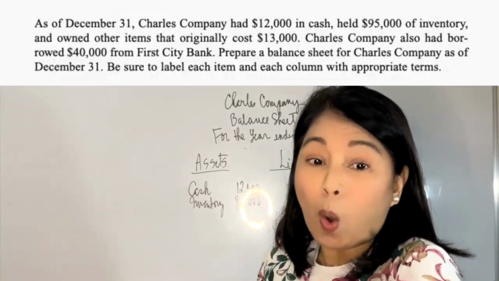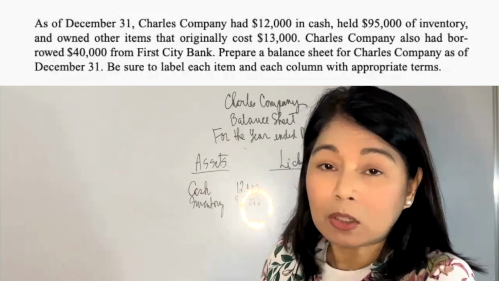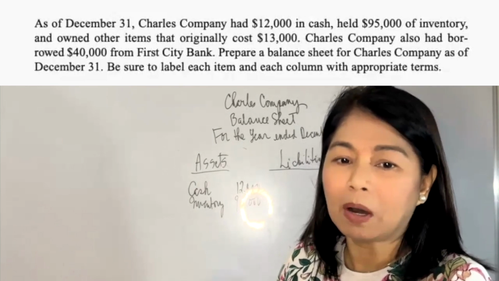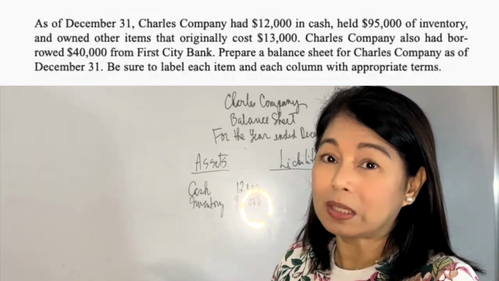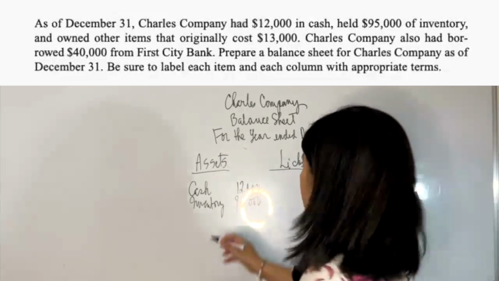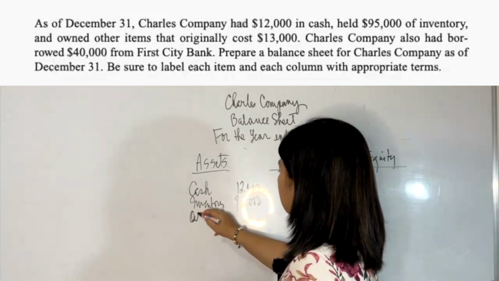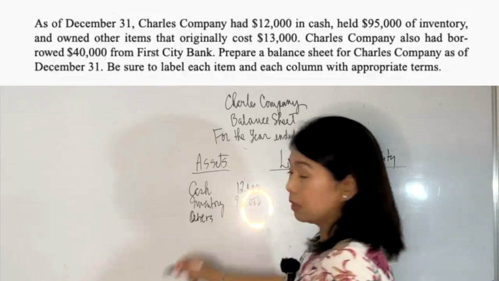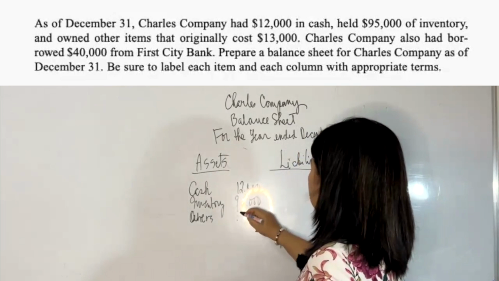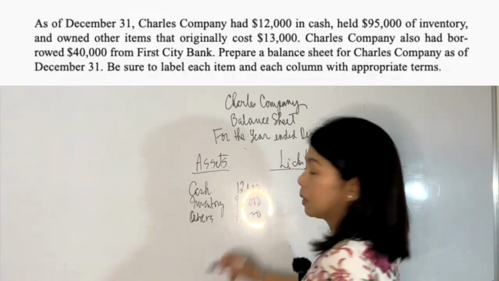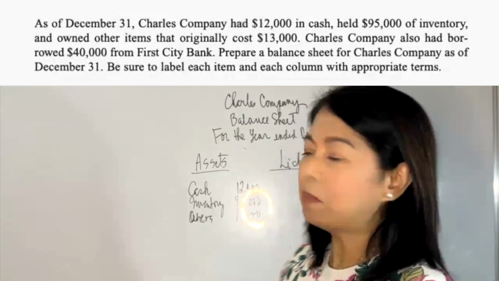And then they owned, which means this is a possession. This is an asset. We can just call them other items. Not so familiar in accounting, but since this is just simply an exercise, we can put other items or others. We can just say others. We can say miscellaneous, 13,000. And then there is a borrowing.